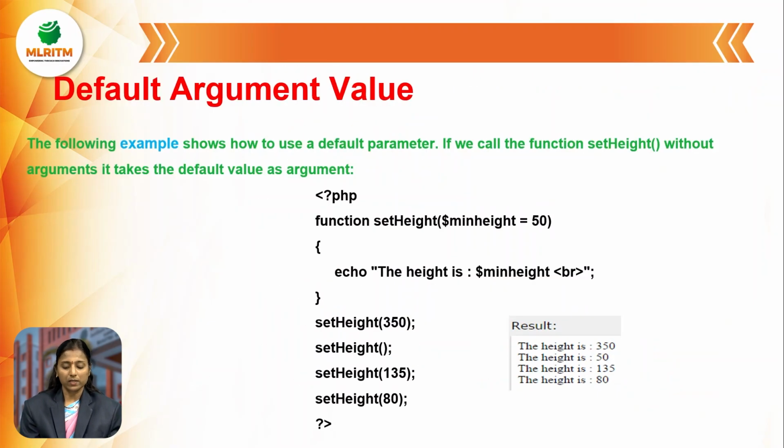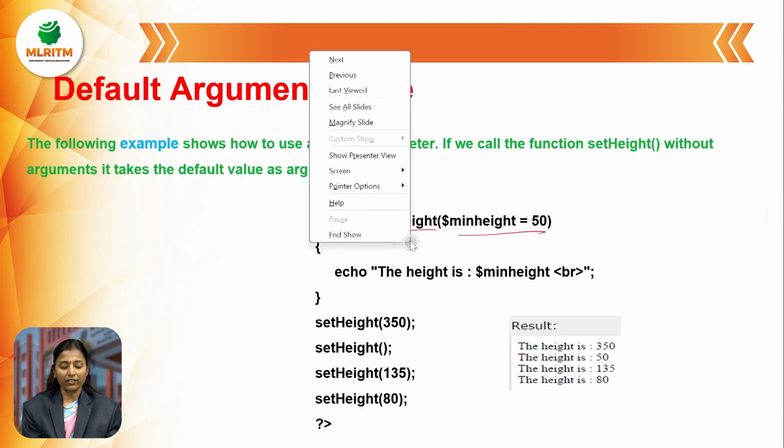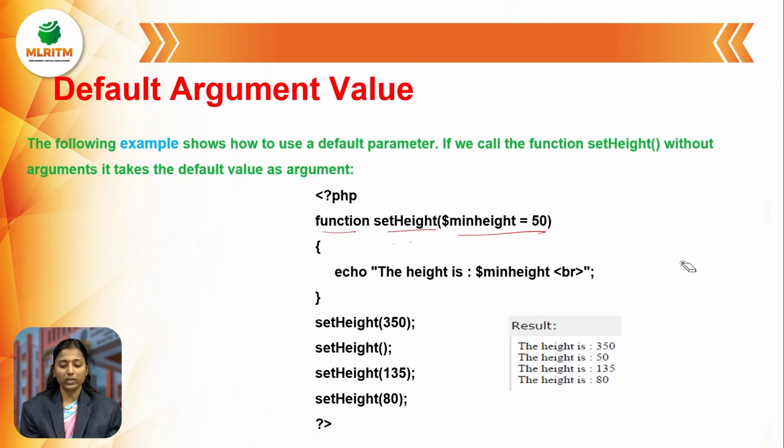Okay. The next is a default value. How is the default value used in a function? We call the function. Here see, function, function name and argument we have passed. The function name is setHeight. Without arguments, it takes a default value as the argument. Echo "The height is: $minheight".